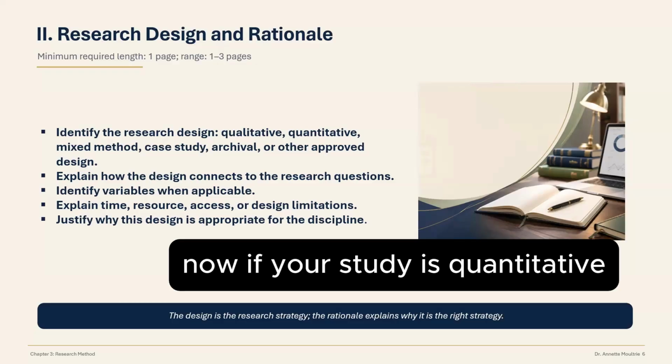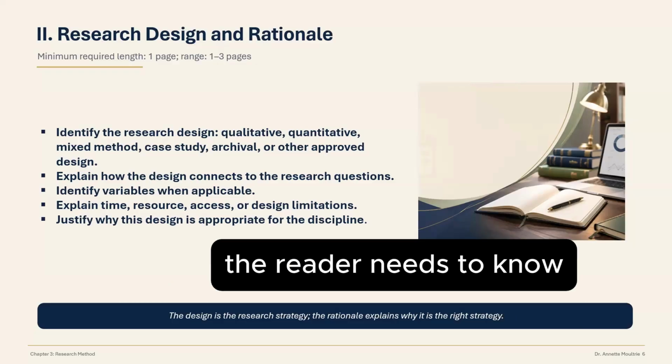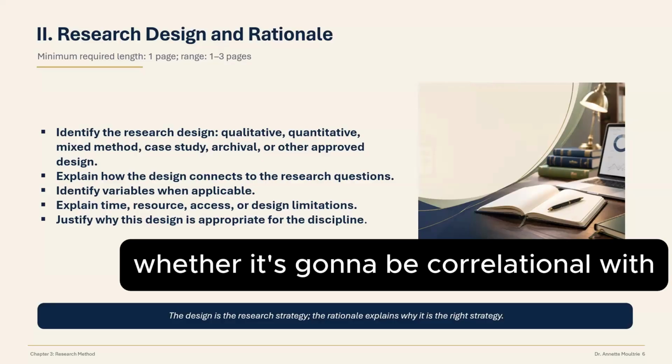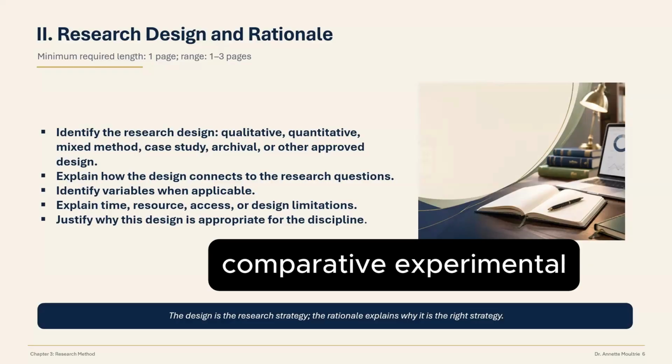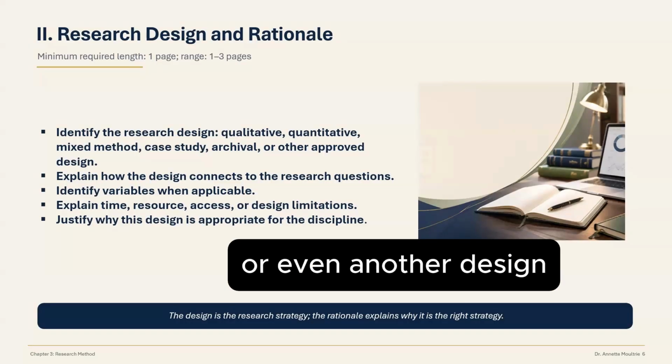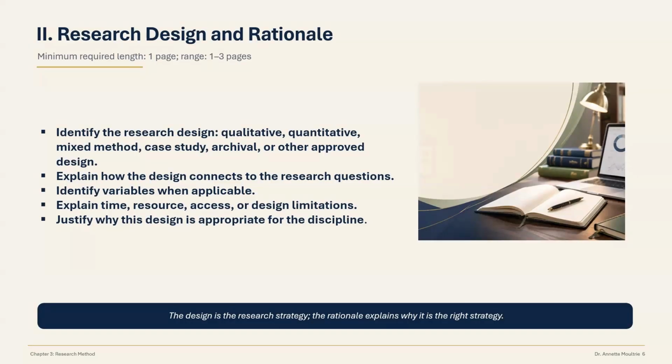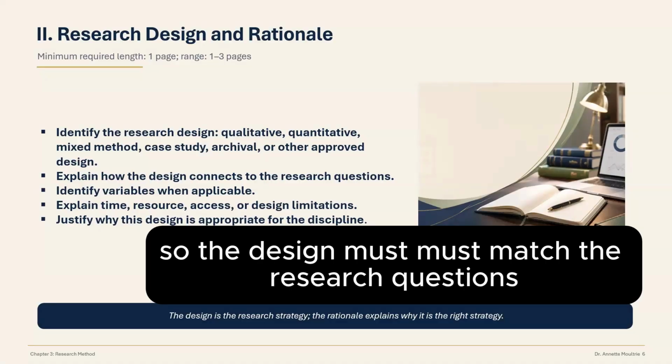Now, if your study is quantitative, the reader needs to know whether it's going to be correlational, whether it's going to be descriptive, causal comparative, experimental, or even another design. So the design must match the research questions.